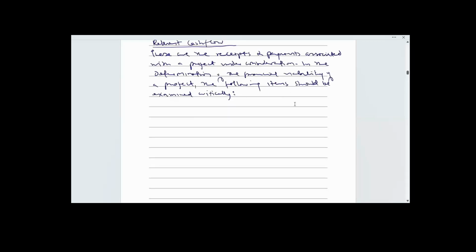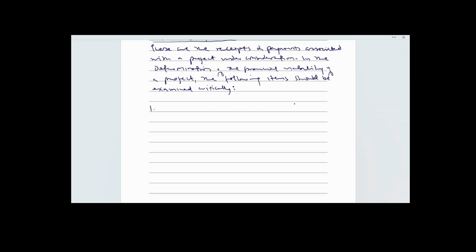Number one, variable cost. Number two, fixed cost, which is incremental, direct, specific, or attributable fixed cost. Number three, historical or sunk cost.